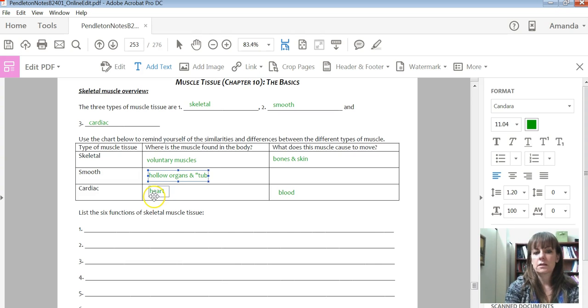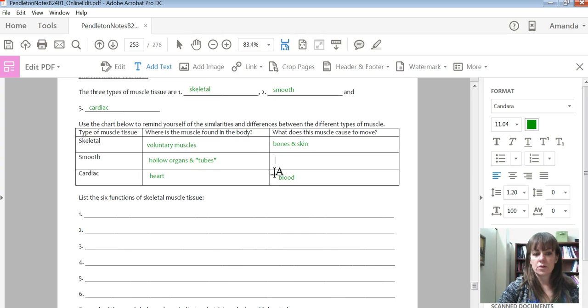I'll put that in parentheses, tubes, blood vessels, all sorts of other types of tubes that go through the body. And basically what they're going to cause to move is whatever's in the tube. And so that is what it's going to move through it as it contracts.